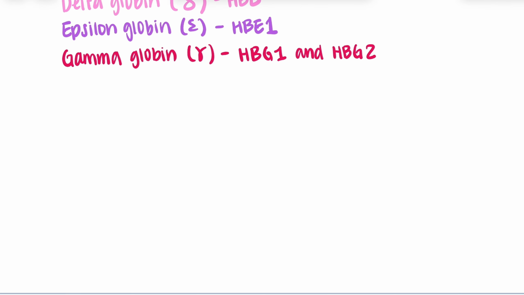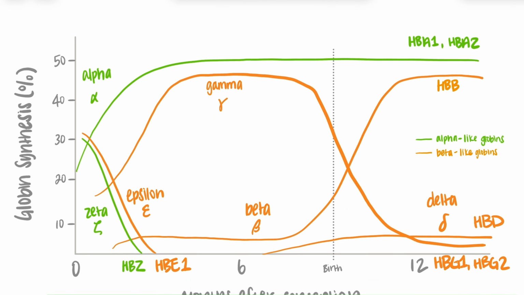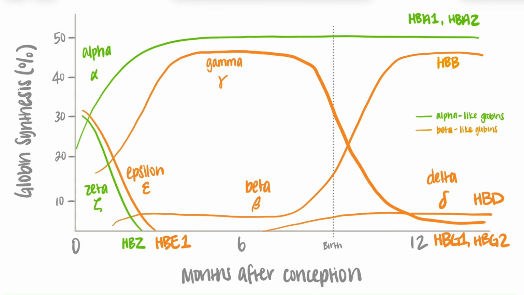Going back to the chart, in the very beginning stages of life, the main globin chains being produced are alpha, epsilon, zeta, and gamma.